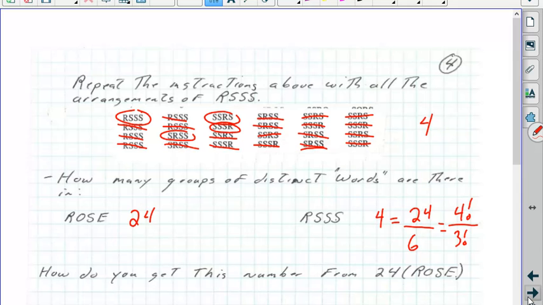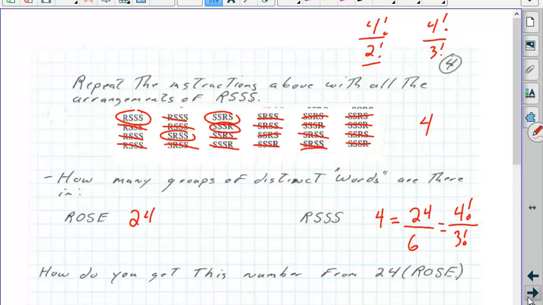Okay. Basically, what we're looking at here is, in both cases, we had 4 factorial over 2 factorial when we had 2 repeats, 4 factorial over 3 factorial when we had 3 S's.